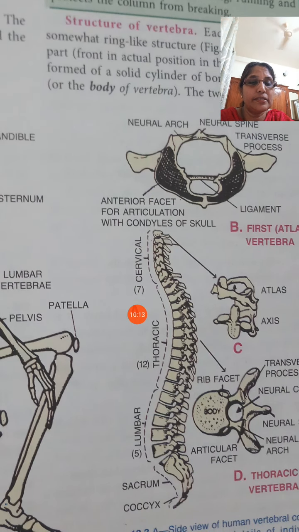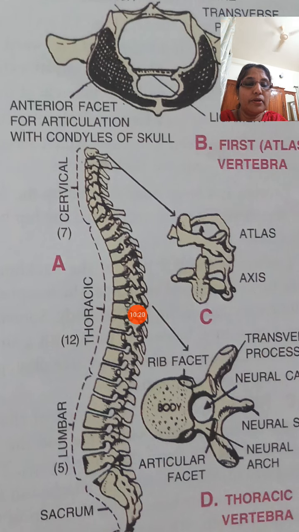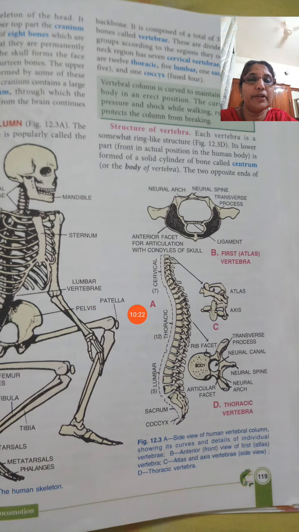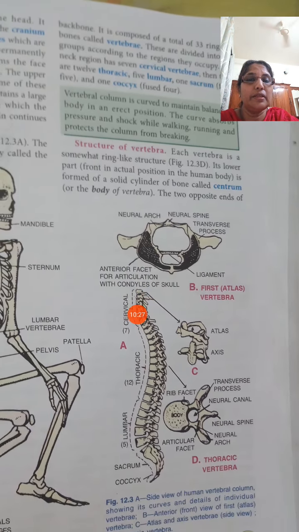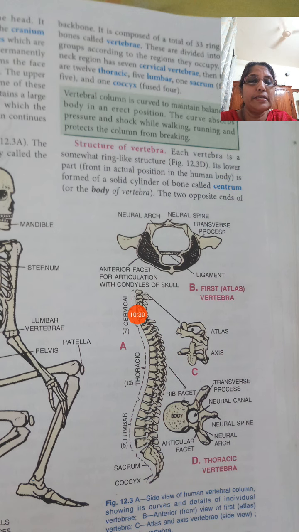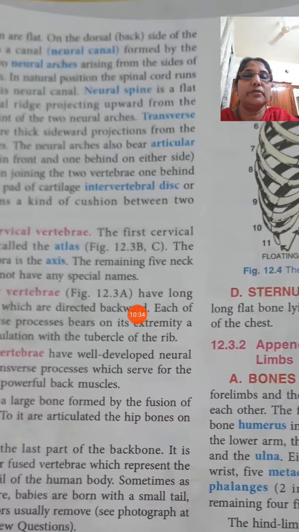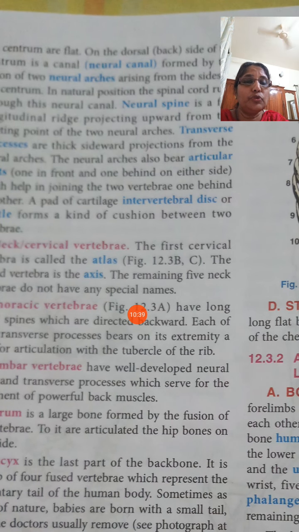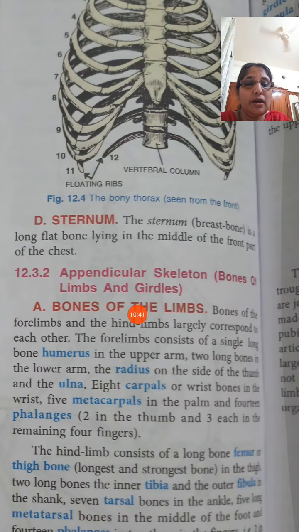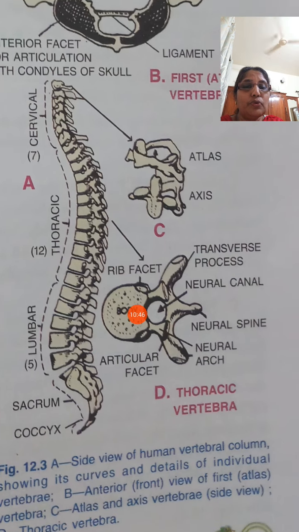Here you can see the centrum as the body of that vertebra. Then the two opposite ends of the centrum articulate and together make a neural canal, through which our spinal cord is coming out. You can see the neural canal here.